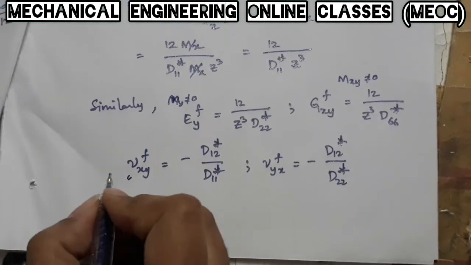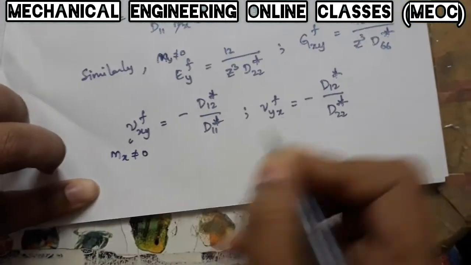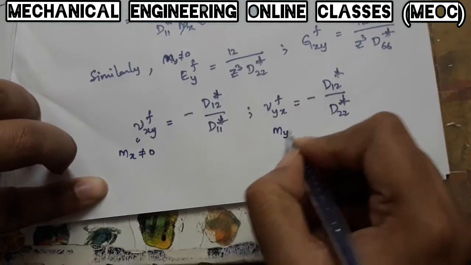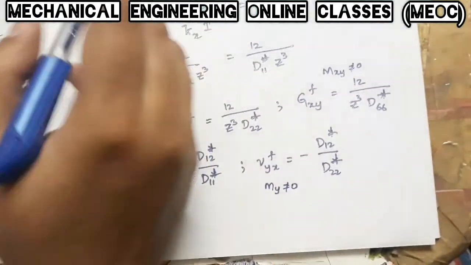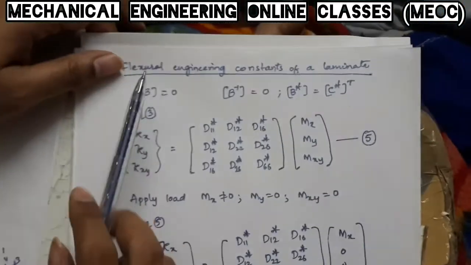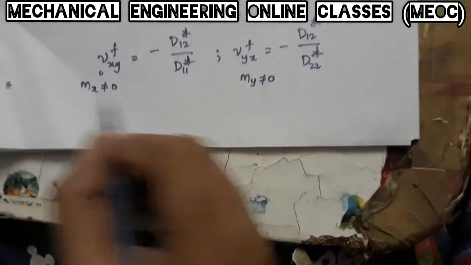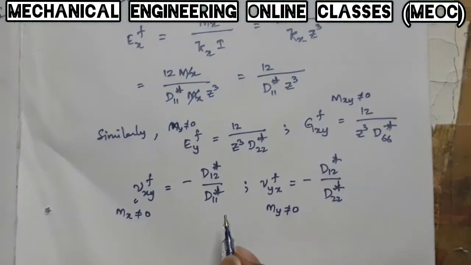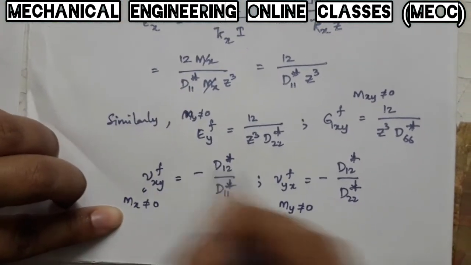Here we will apply the load Mx not equal to 0 and here My not equal to 0. Just like how we performed the calculations in the previous section where we were finding the in-plane engineering constants, here also we will apply similar load applications and find the corresponding terms.